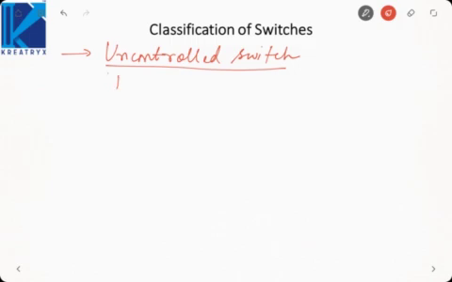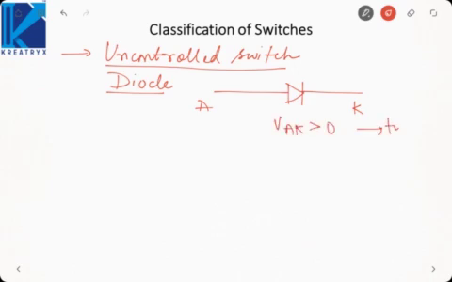An example of this is the diode. When you apply a forward bias across the diode, that is VAK greater than 0, then it turns on. But there is no third terminal in the device which can be utilized to turn the device on and off.